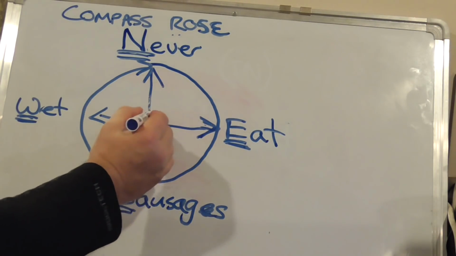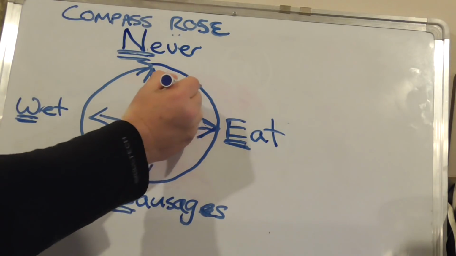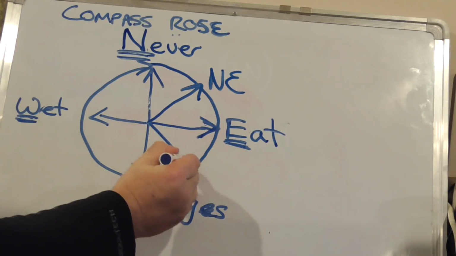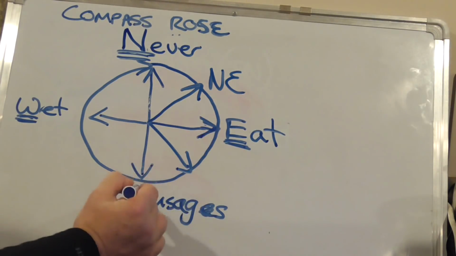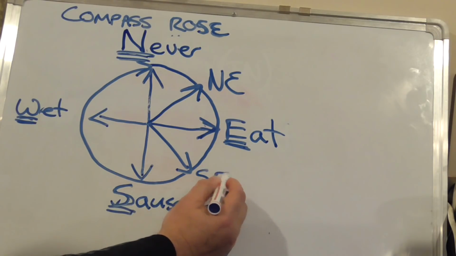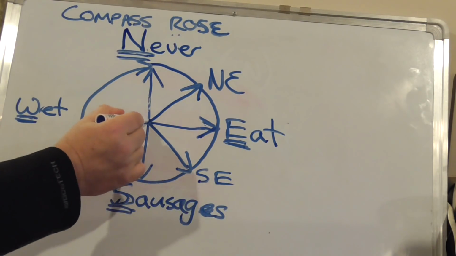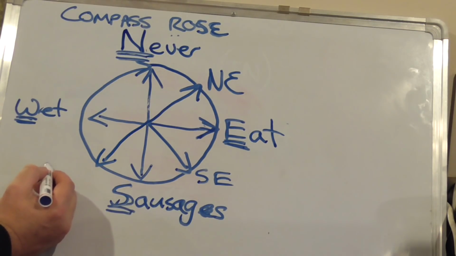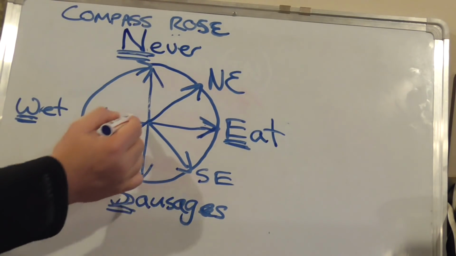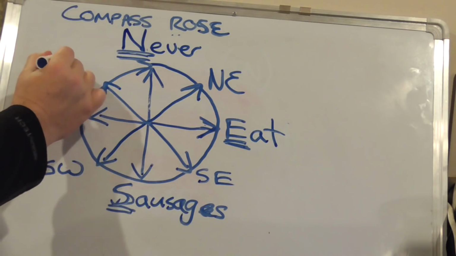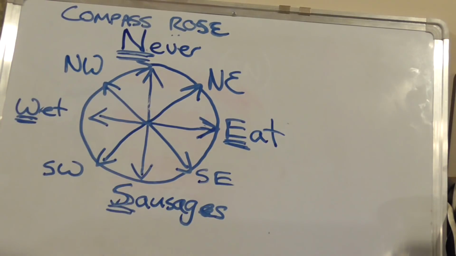And then of course in between these, out to here, we would have northeast. Down in between east and south we would have southeast, and down this way we would have southwest, and then up this way in between west and north we would have northwest.